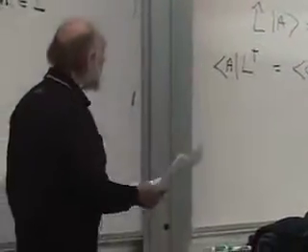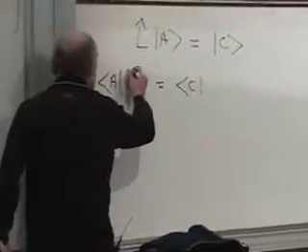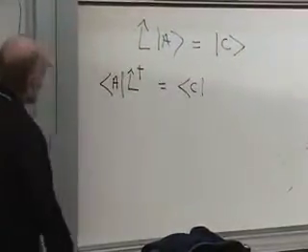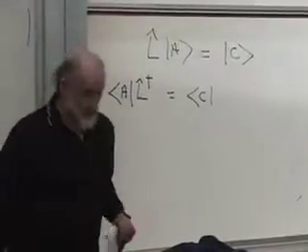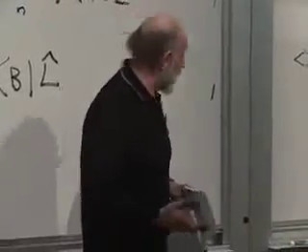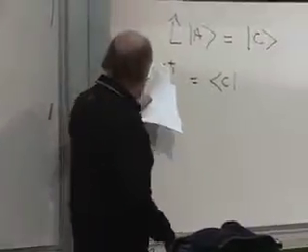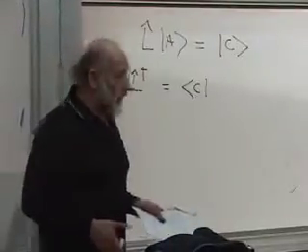Okay. What's the connection between L dagger, this is also an operator, and this operator? They're not the same necessarily. In fact, they're kind of complex conjugates of each other. This dagger here, which is called Hermitian conjugate, is a kind of complex conjugation.